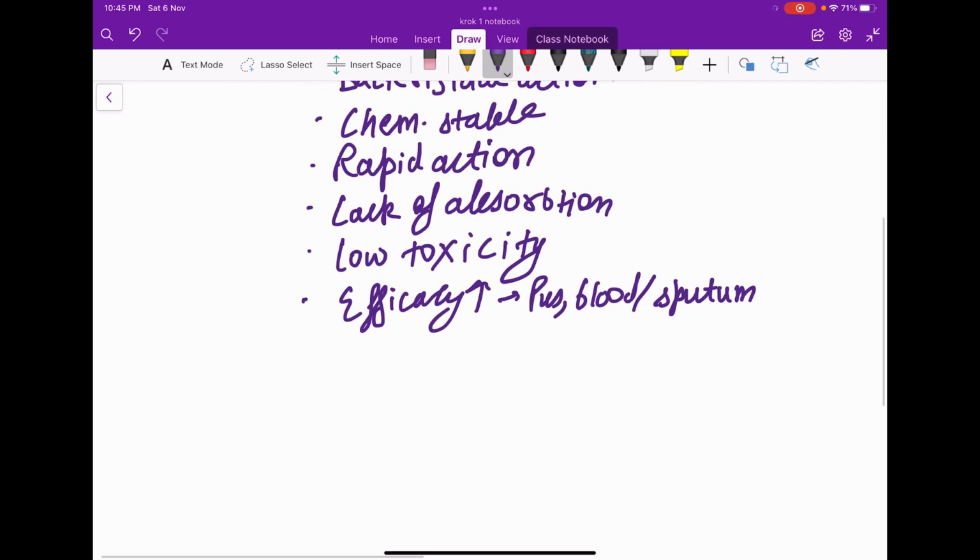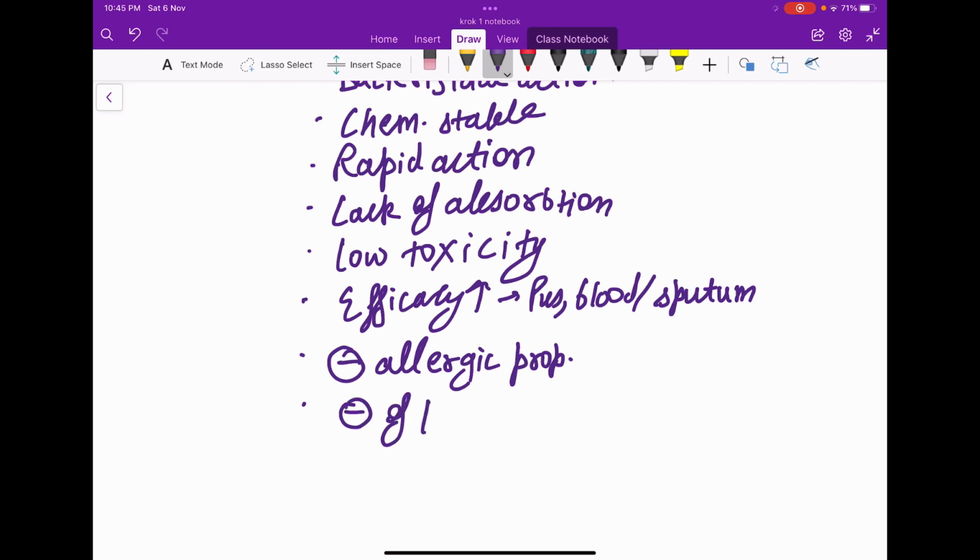And what else guys? It must have absence of allergic properties. Thereafter, the absence of irritant properties. So this is the classification of a good antiseptic and disinfectant.